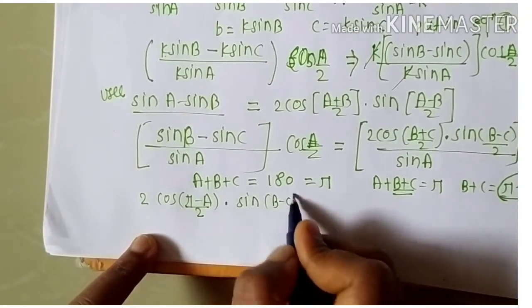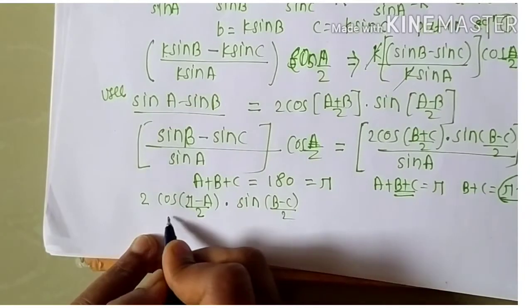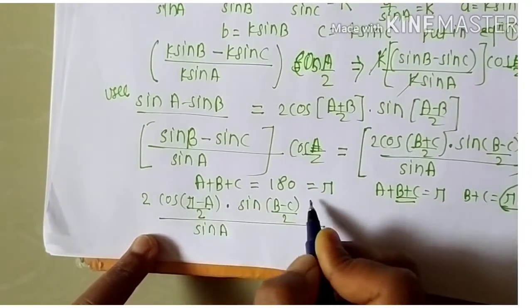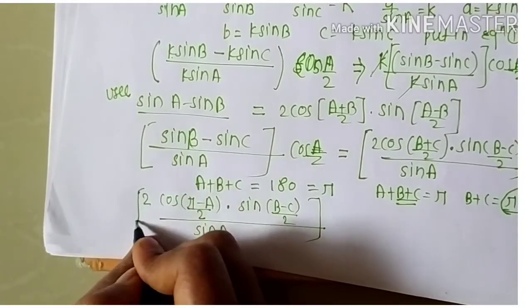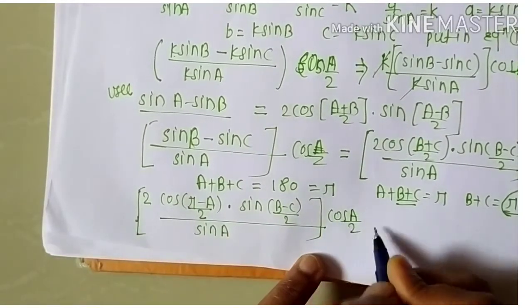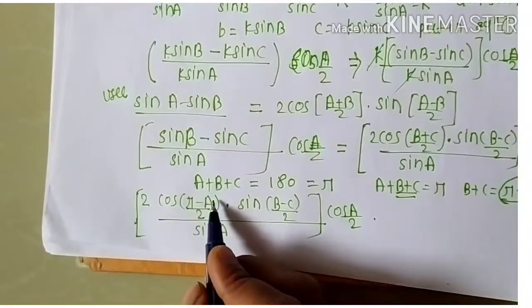Then 2 times cos of (pi minus a) divided by 2 into sin of (b minus c) divided by 2, divided by sin a into cos a by 2. We have cos of (pi minus a) by 2.